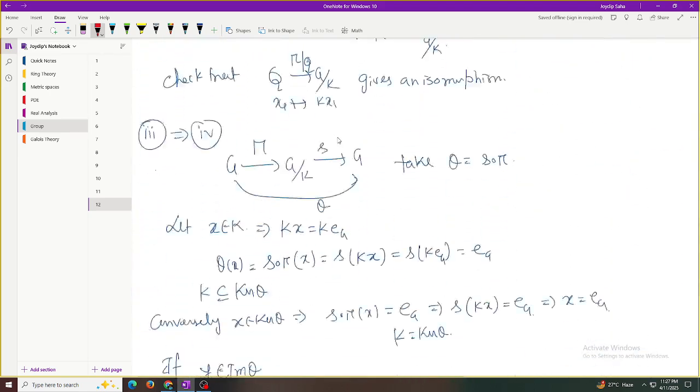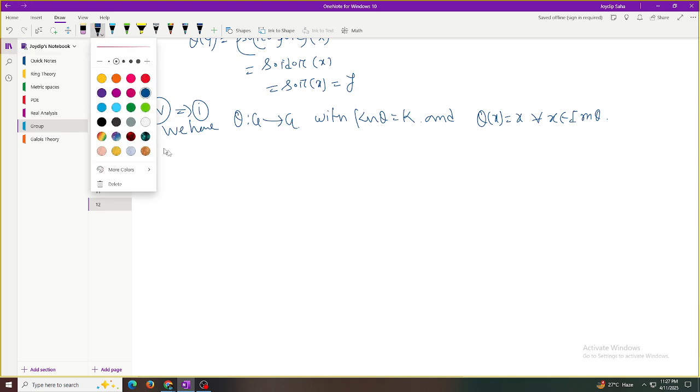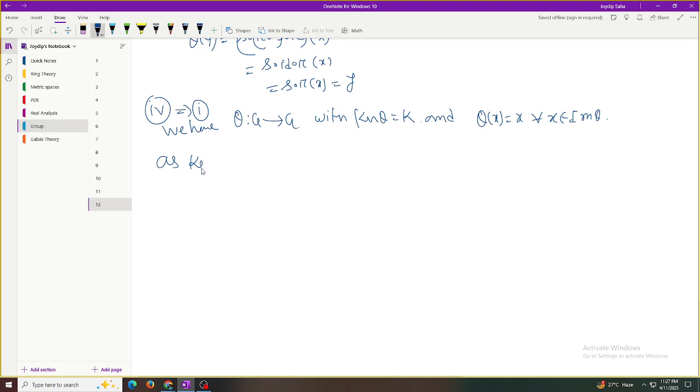Now kernel theta is K, so K is normal. So you have to find a complement, right?